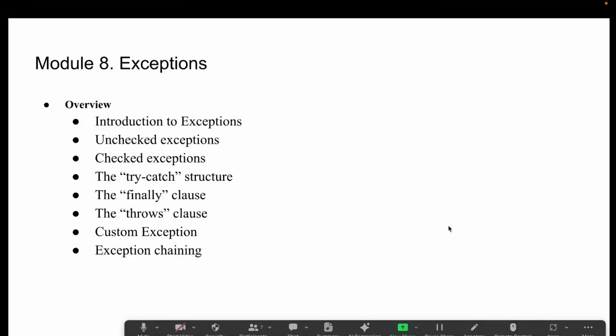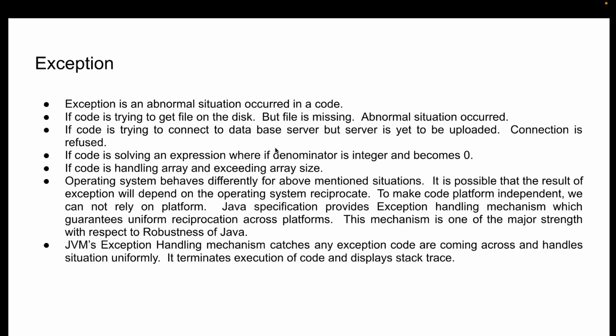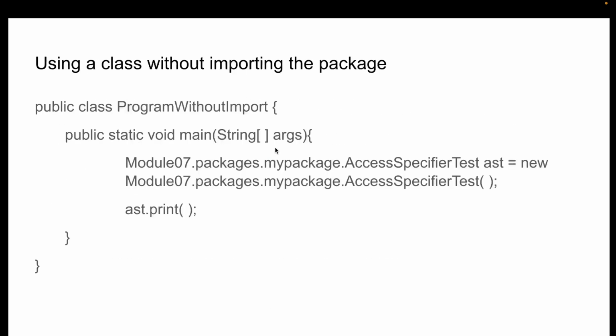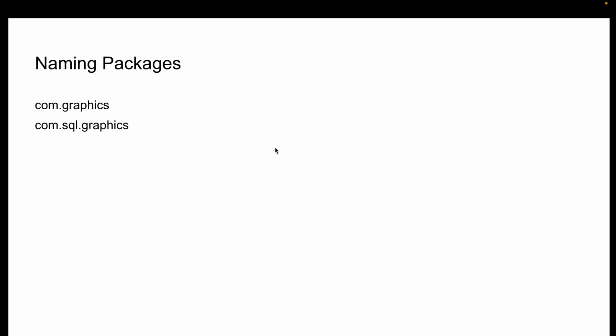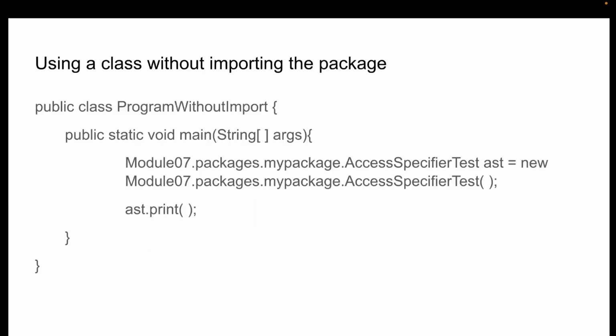These things are already clear, like creating a package, naming a package, and the scope of access specifiers in each of the packages. I had shown you as well how we can use a class without importing the package, but this way of using a class without importing the package is not recommended.